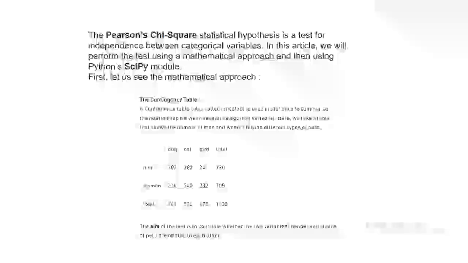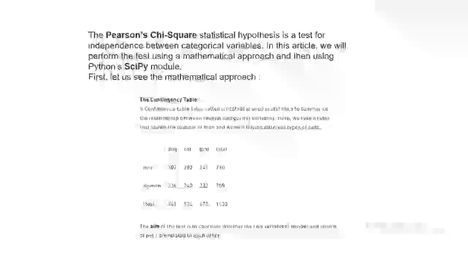Here is the data set, let's read it out. You have to find out the relationship between two variables. One is the animal, and the other is the human, the men and women, they are categorized. Here we take a table that shows the number of men and women buying different types of pets.